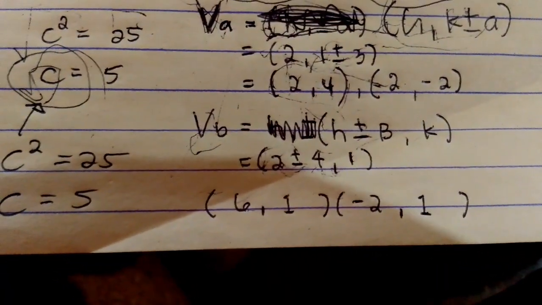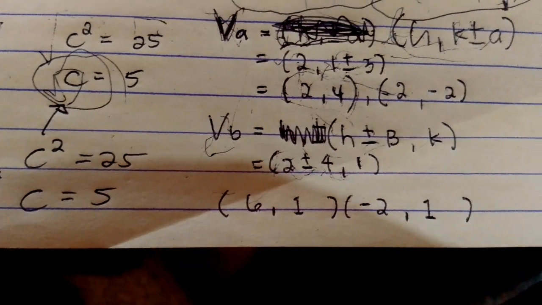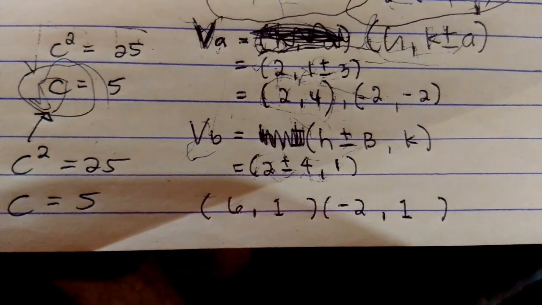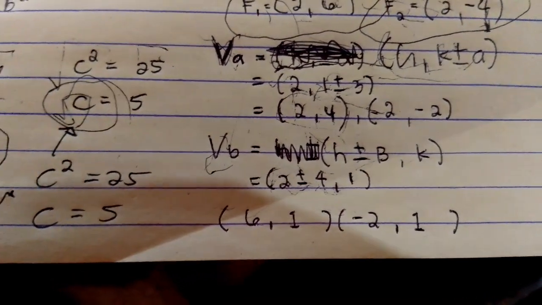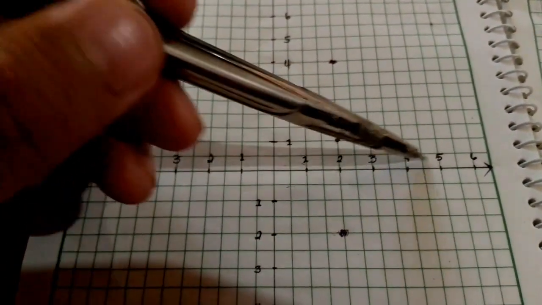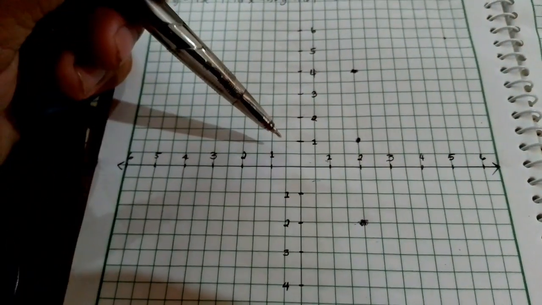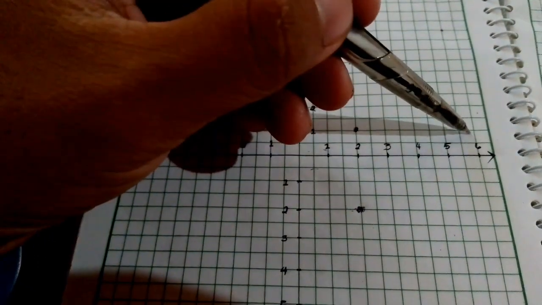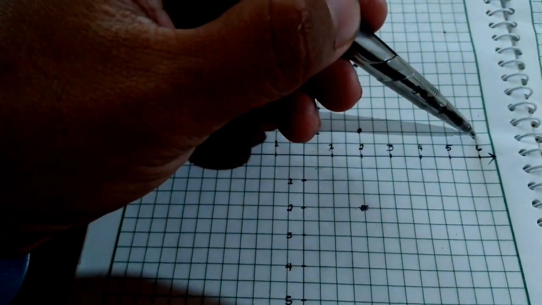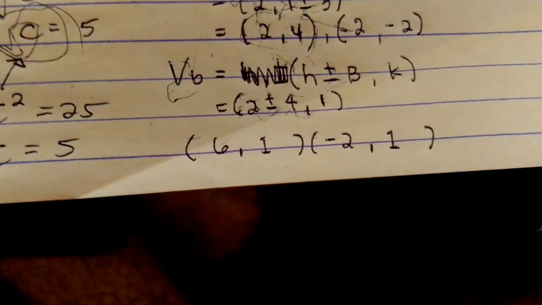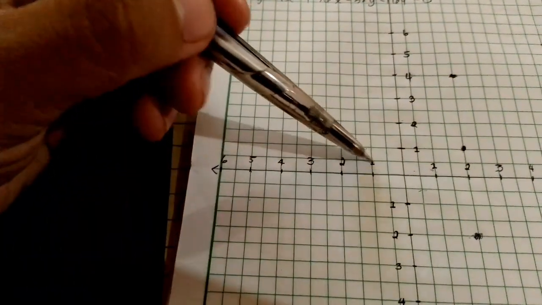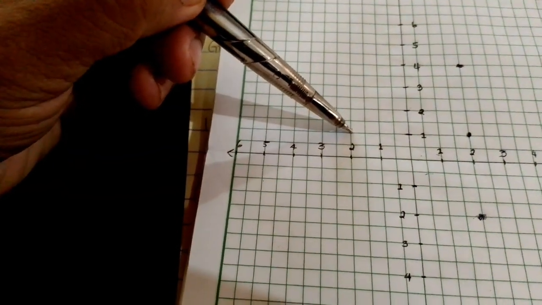Now the vertex B. The first coordinate is (6, 1). Back to our graph, 6 and 1. The other coordinate is (negative 2, 1).